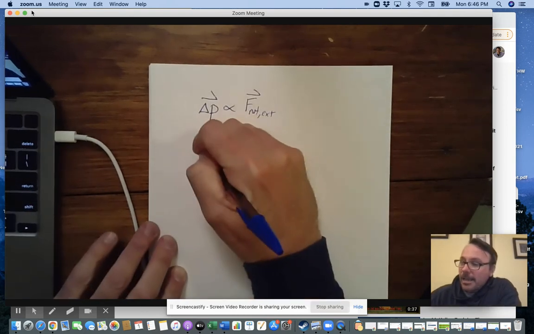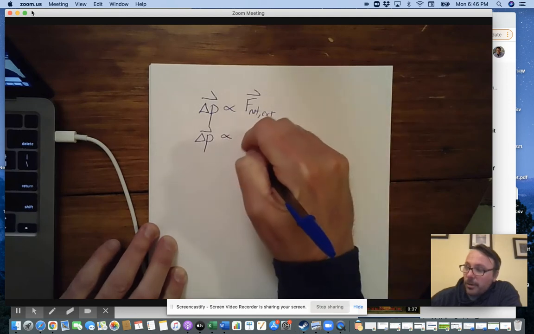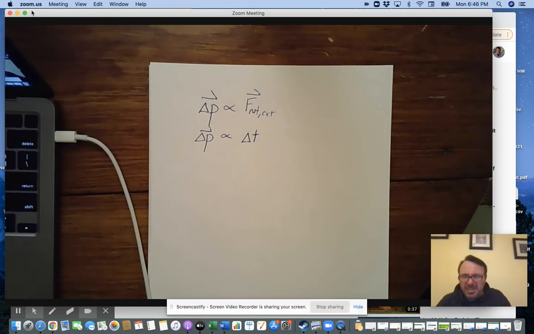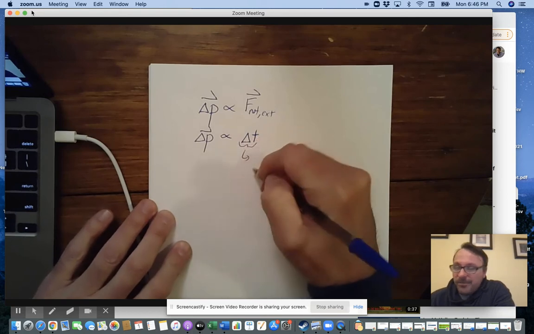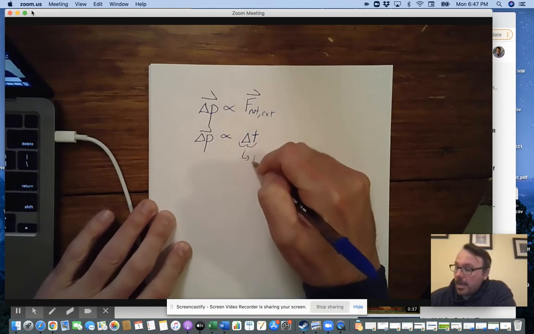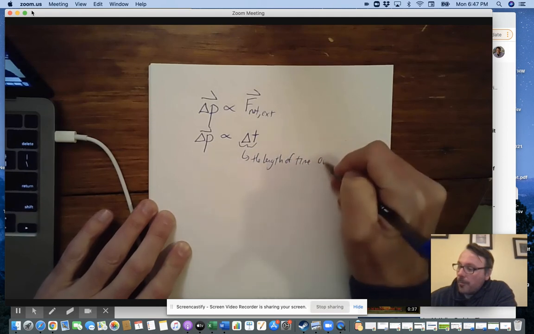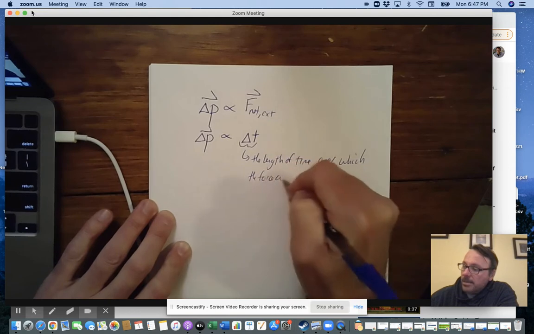Therefore, I can say that the impulse is directly proportional to the length of time over which the force acts. Now, normally we just say t. I'm saying delta t here, very specific, because we're going to define delta t to be the length of time over which the force acts.